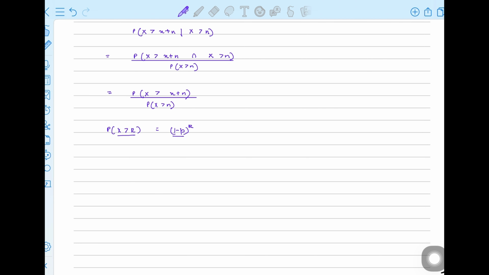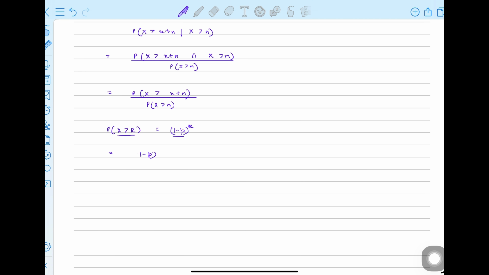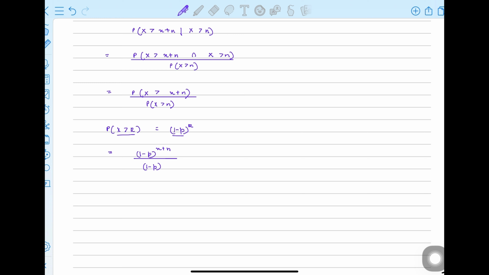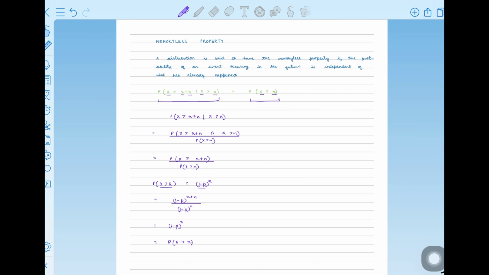So that's (1 minus p) into (1 minus p) into (1 minus p) up to k times, written as (1 minus p) to the power k. This completes the derivation.